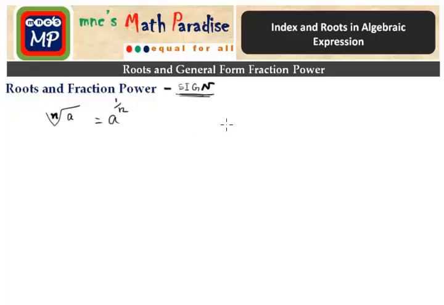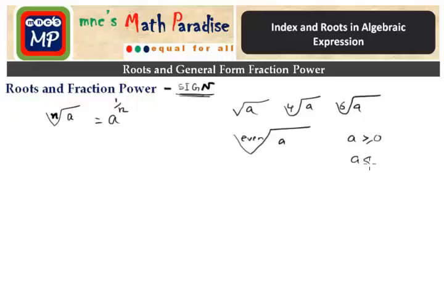From previous slides, we know that square root, fourth root, sixth root, that means any even root, is possible on a variable or number only if that variable is greater than or equal to 0. If it is negative, less than 0, it's not possible.